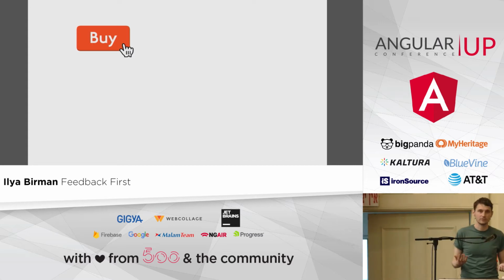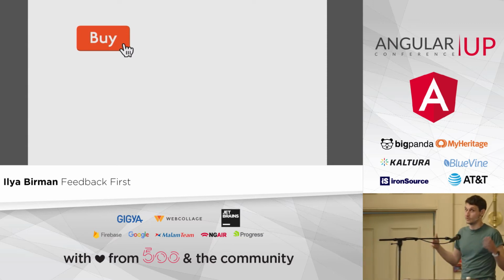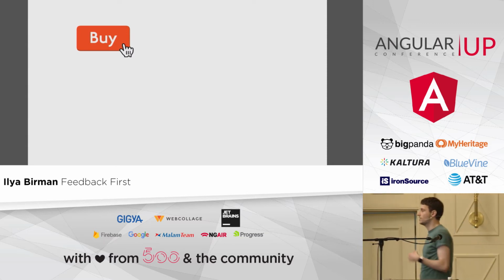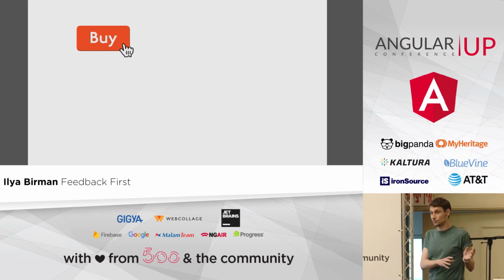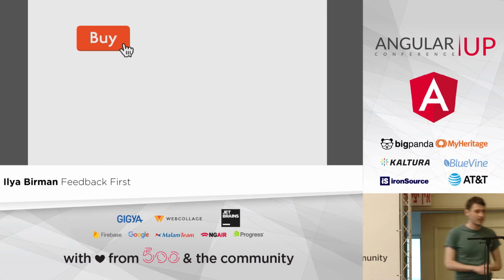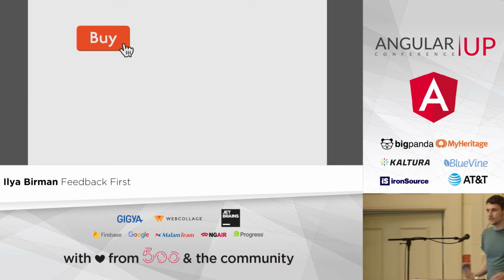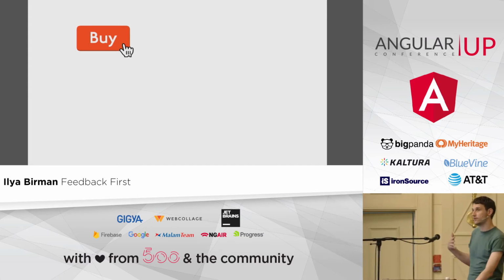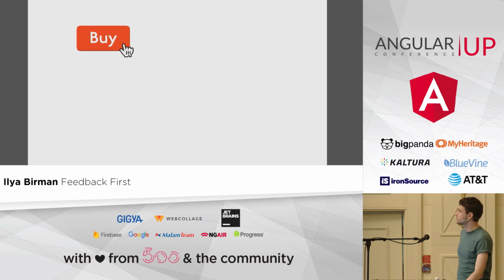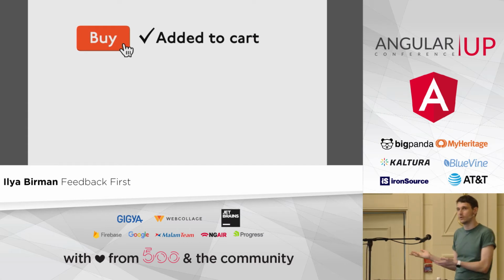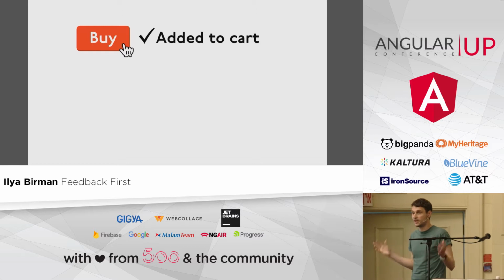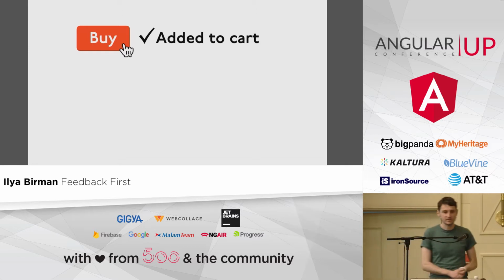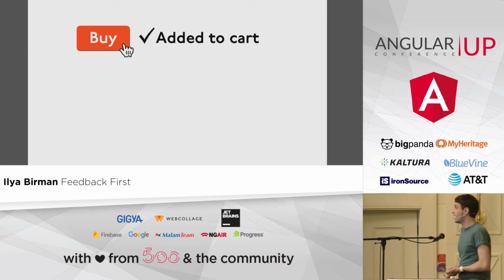Maybe they will try to press it again, maybe three times. But at some point, they will decide that it is not working, even though it does work, and they will go away. So you should provide some feedback to communicate to the user that it has worked, maybe by adding a text label, or playing some fancy animation, or doing just anything that could help the user understand that it has worked.